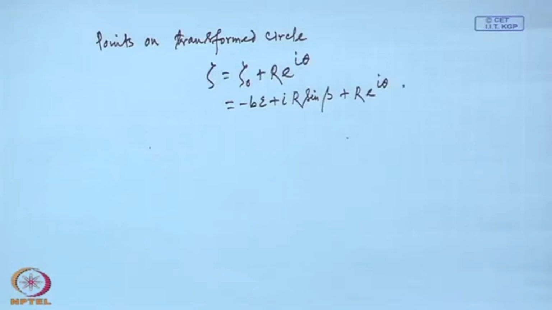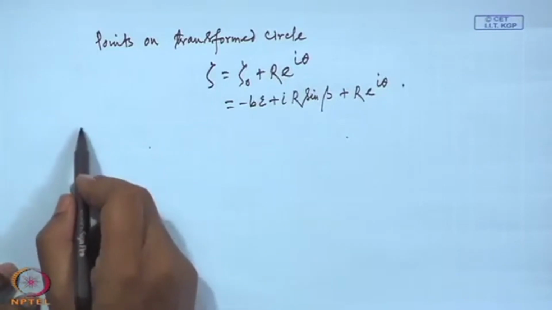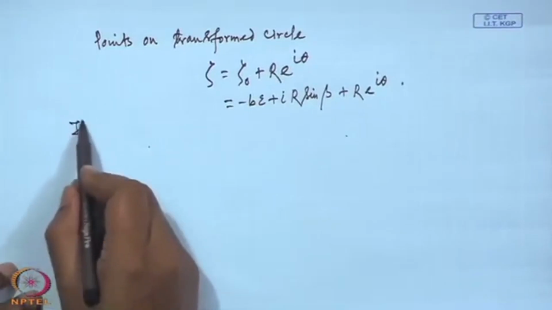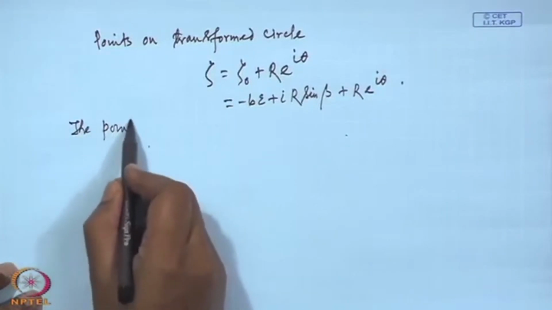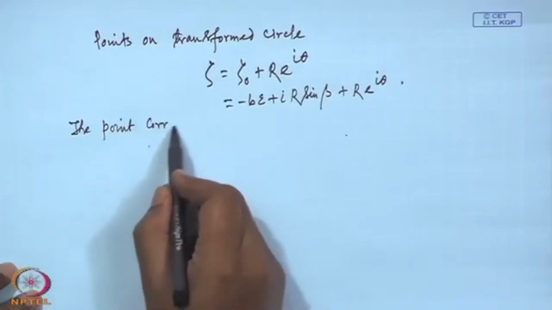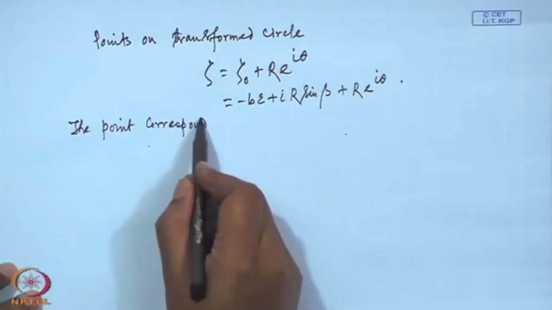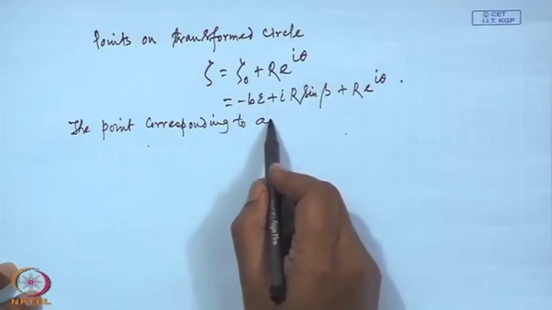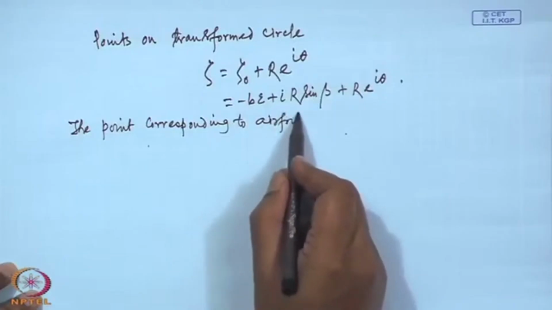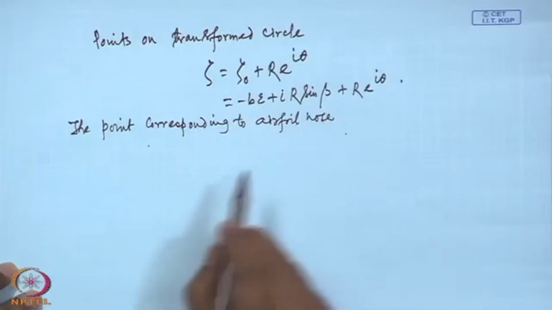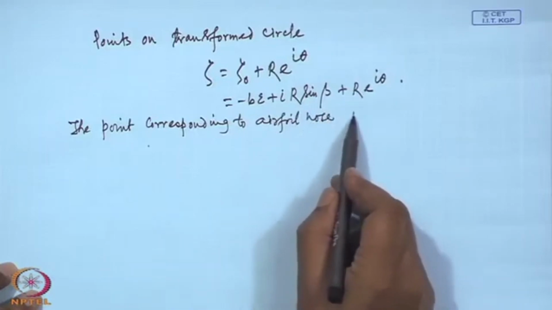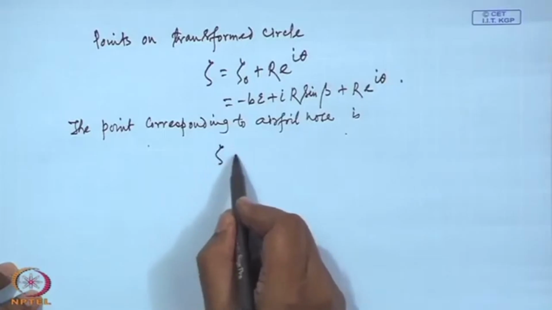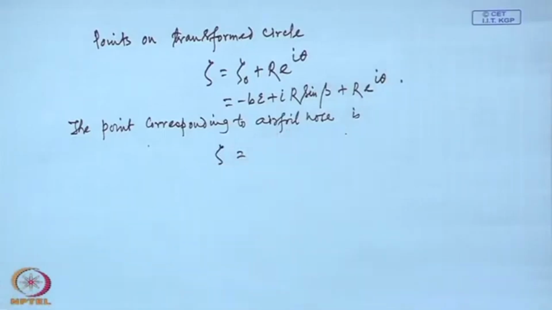So, the point that corresponds to airfoil nose: epsilon is known, beta is known, theta is pi. So, substitute those values.